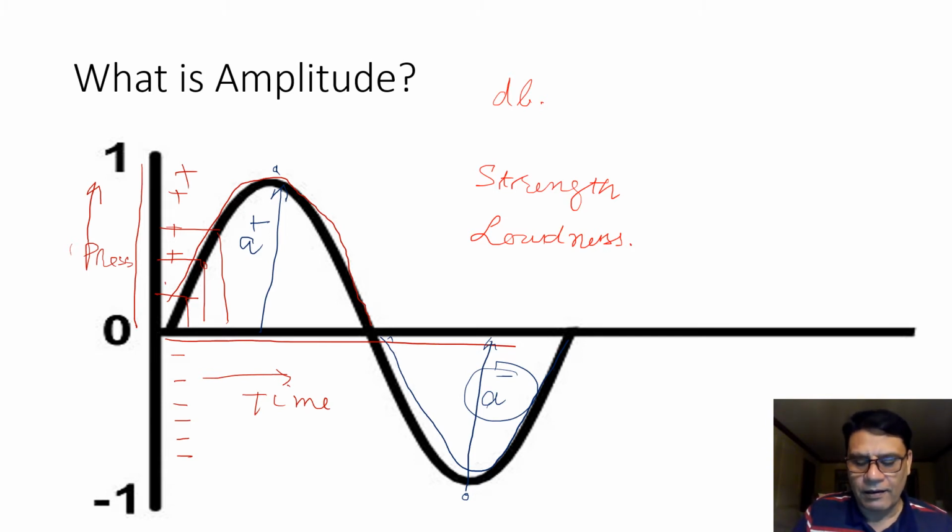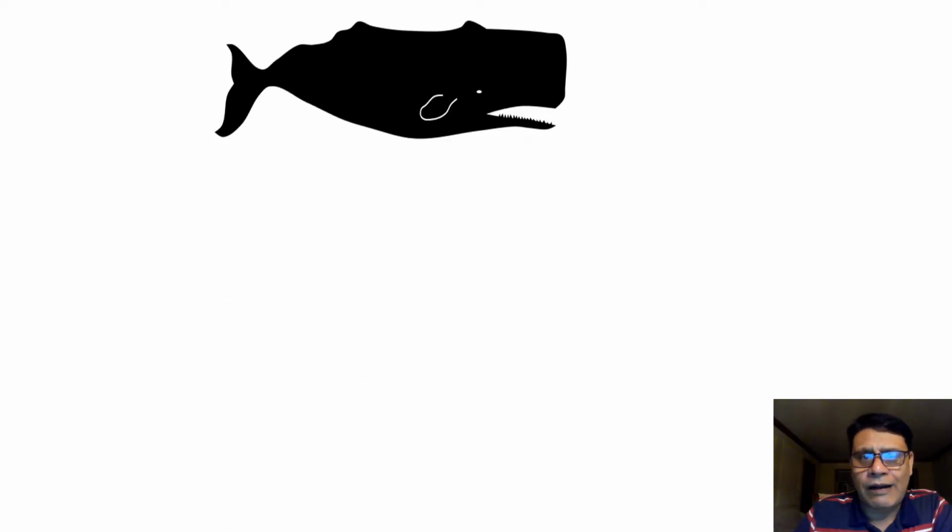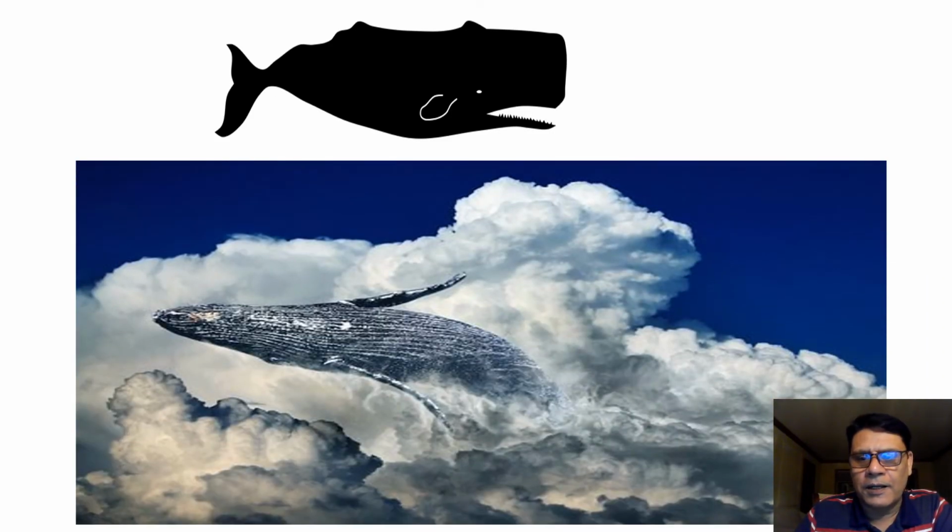And the loudest animals on this planet are the sperm whales, and the amplitude of their vibration is so loud, about 320 decibels, that it can easily kill an adult human being.